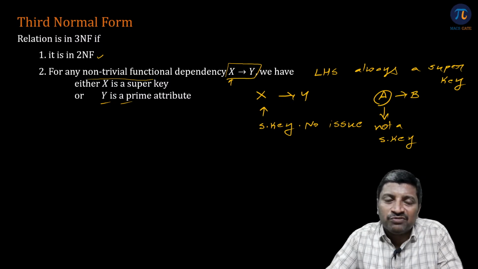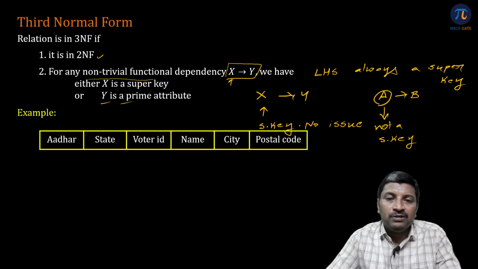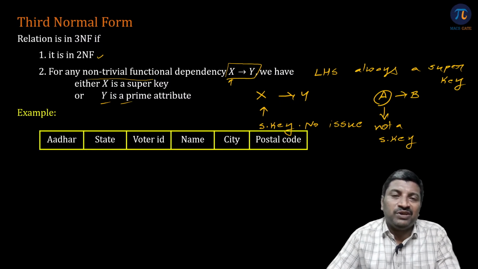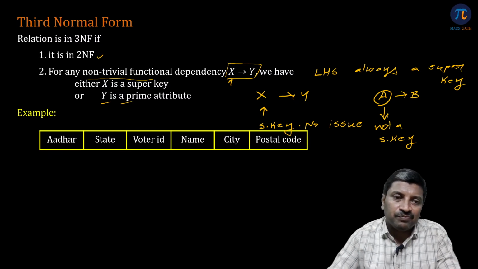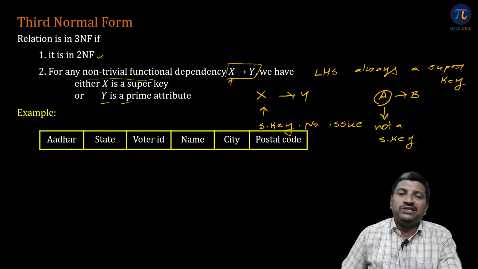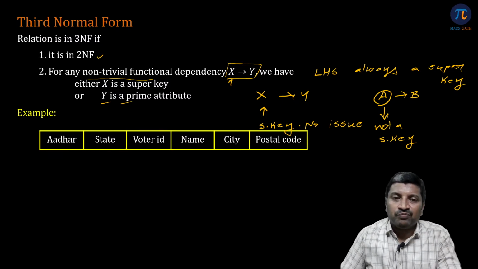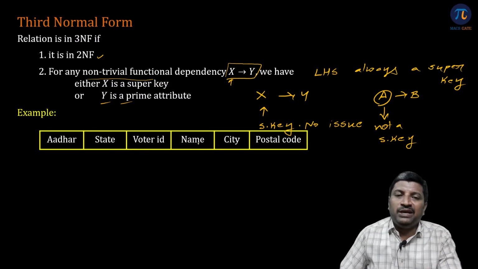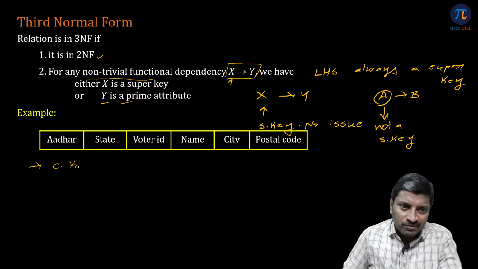Okay. Before going to that, first let me explain with a real-time example. Suppose this is the example we are having, in which we have some attributes: Aadhaar, that is the Aadhaar number of the candidate, state to which he belongs, voter ID, name, city, postal code. Okay. Now let me give some assumptions, sir.